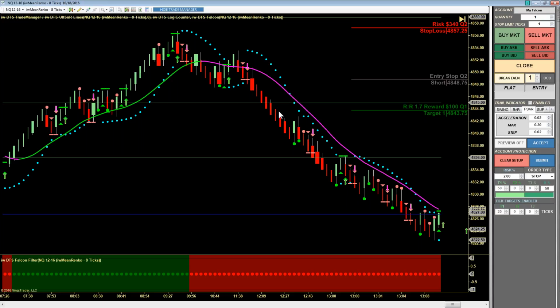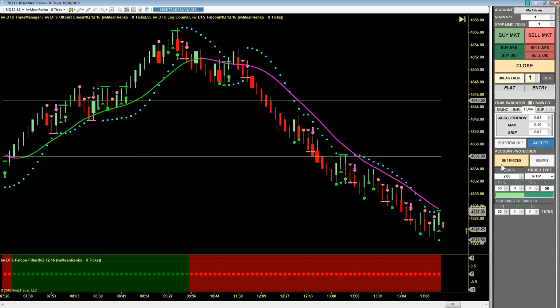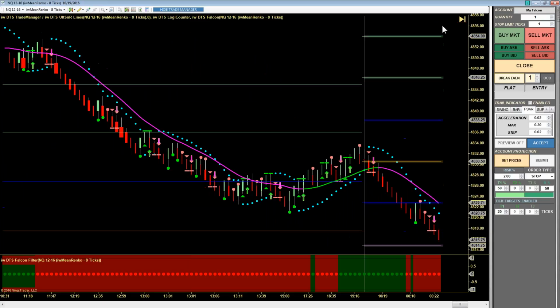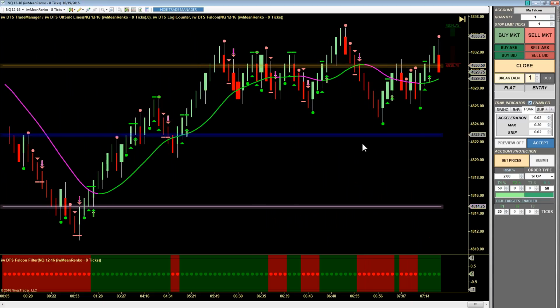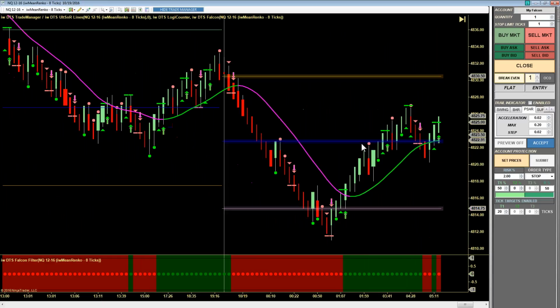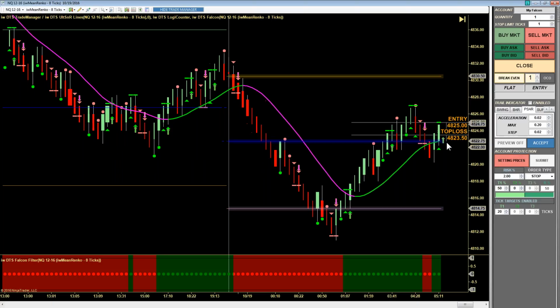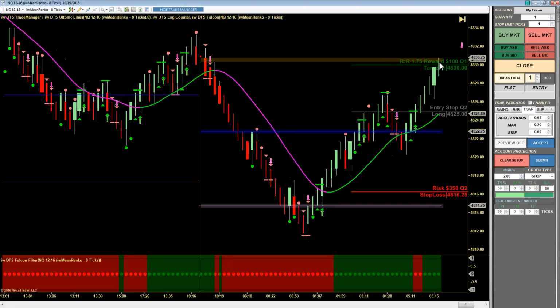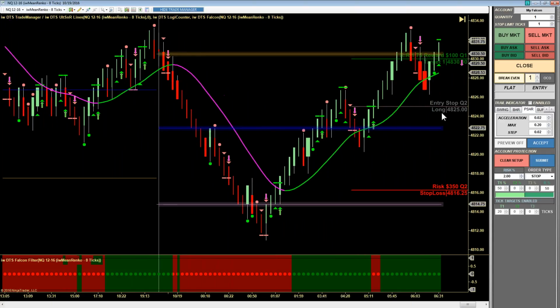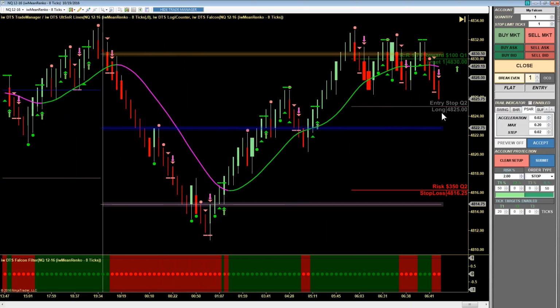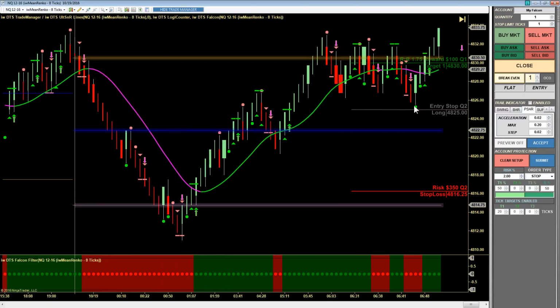But for every time that you'll hit one of those with a runner, you're going to encounter at least two of these, where you get the trade, you put the trade on, two contracts, you bank $100, you have your stop at break even, and you get hit at break even here.